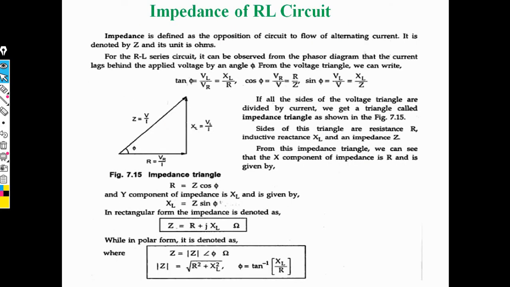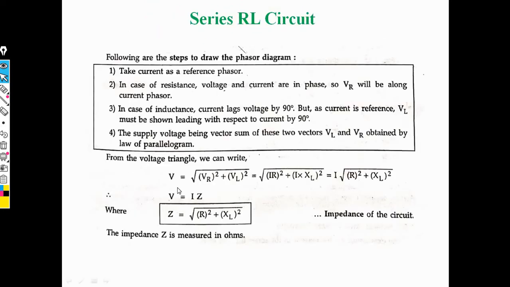The next point is the impedance of the RL circuit. That is Z is equal to the square root of R square plus XL square. How to calculate impedance I have already explained: we take the voltage drop across resistance and the voltage drop across inductance, that is R square plus XL square.